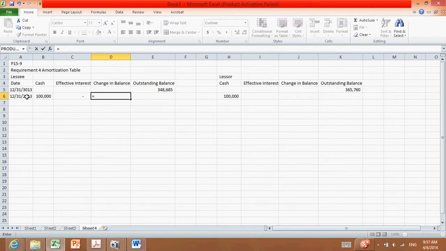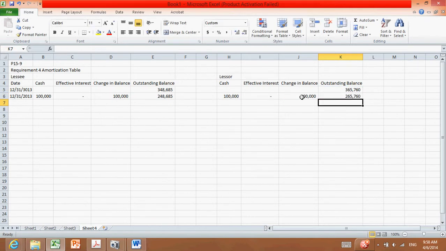So the difference between the cash payment and accrued interest will decrease the balance to $248,000 for the lessee. The lessor is similar. Put a 0 there, and the difference between cash and interest accrued will decrease the lessor's receivable by this amount.